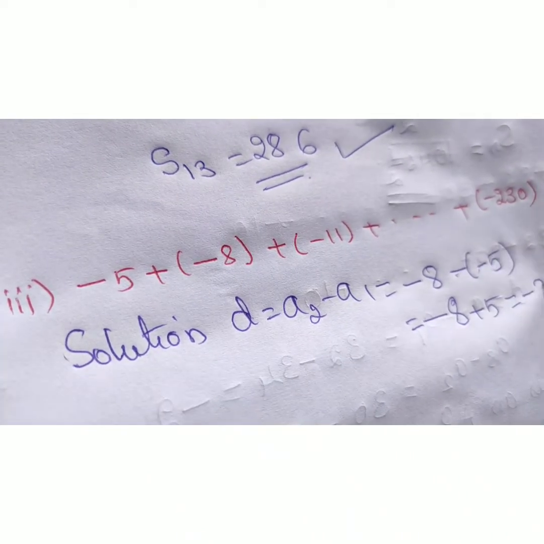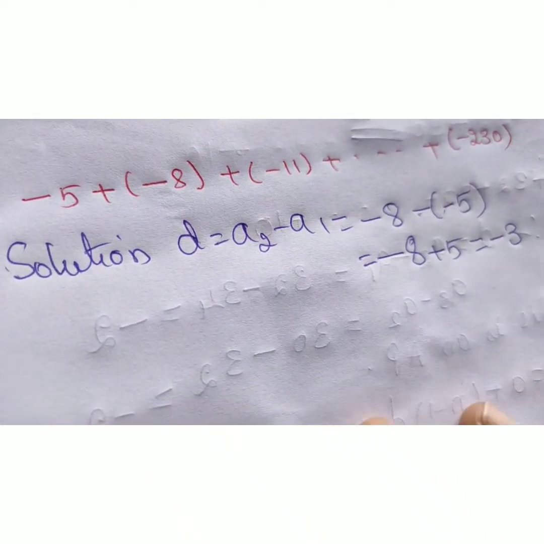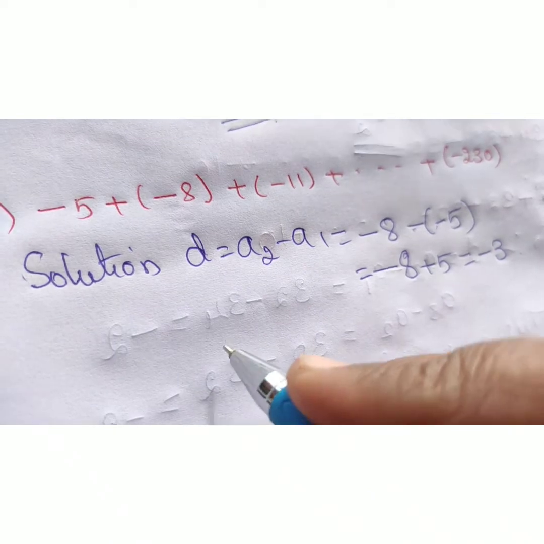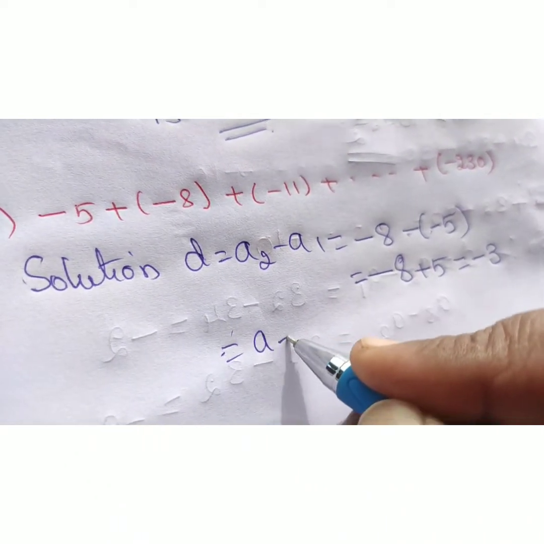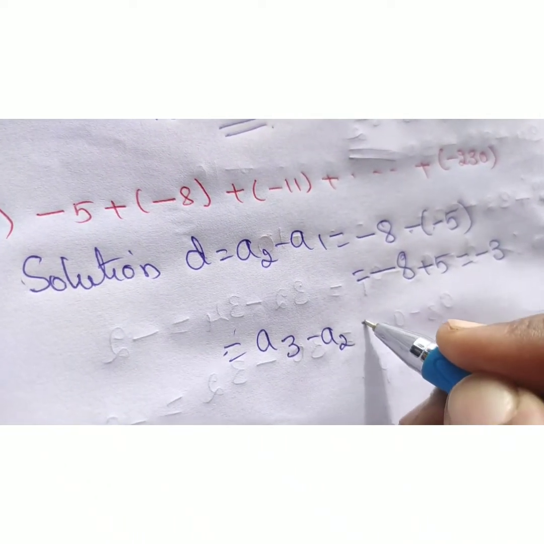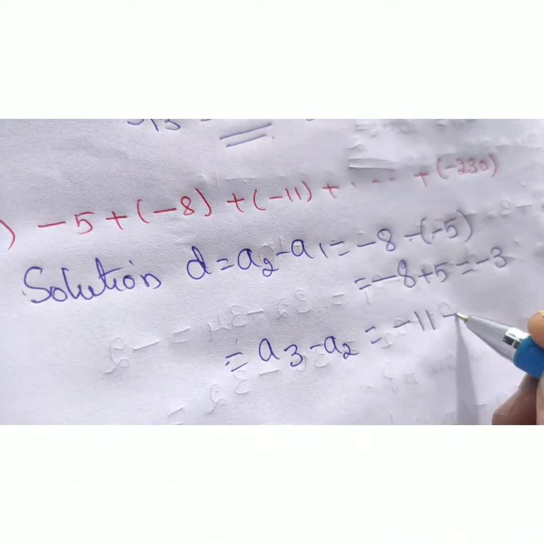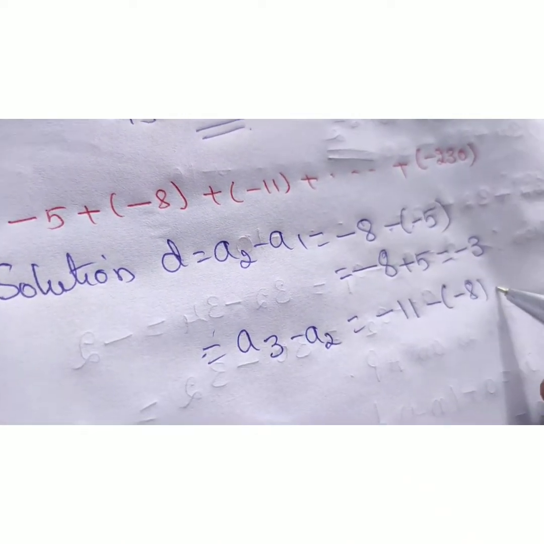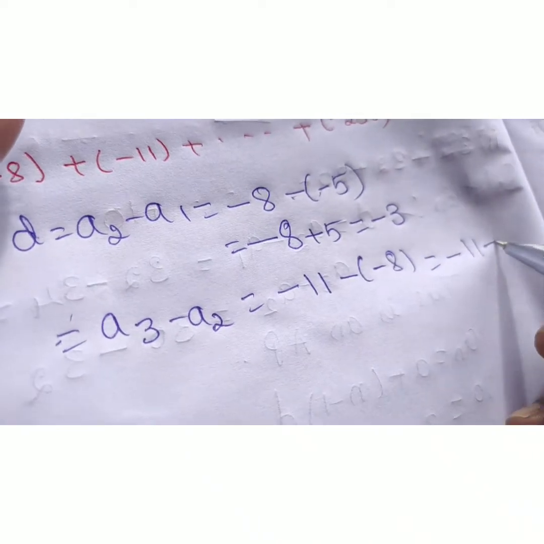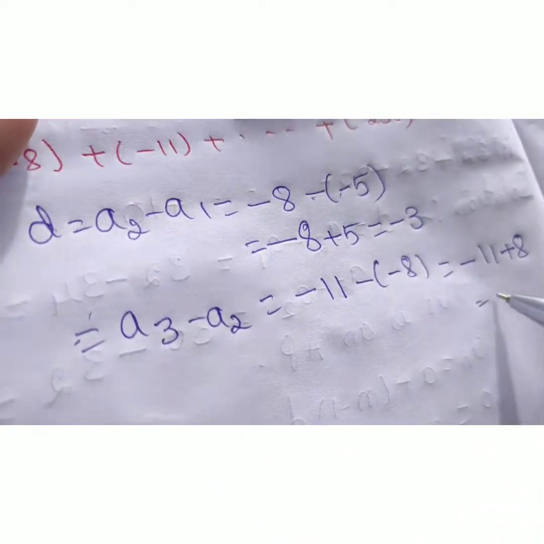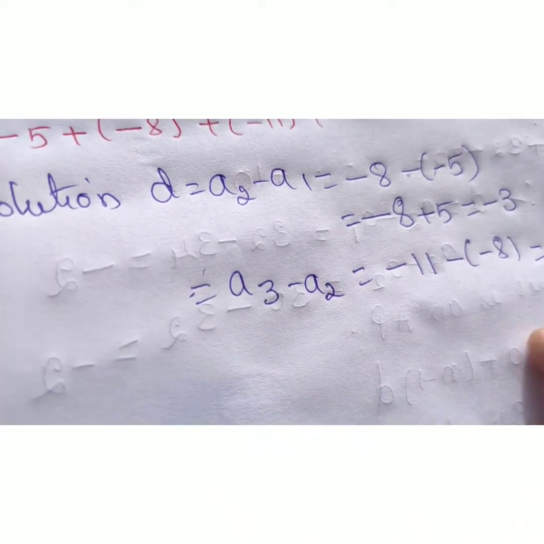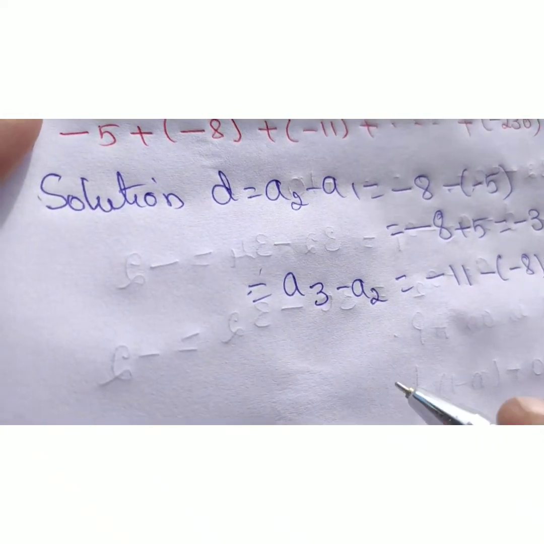So you have minus 3. So d you got minus 3. Let us check it now for a3 minus a2. a3 is minus 11 minus of minus 8, that is minus 11 plus 8, that is equal to minus 3. So you got both d same. So d is equal to minus 3.